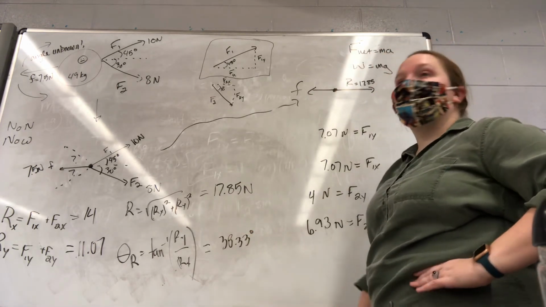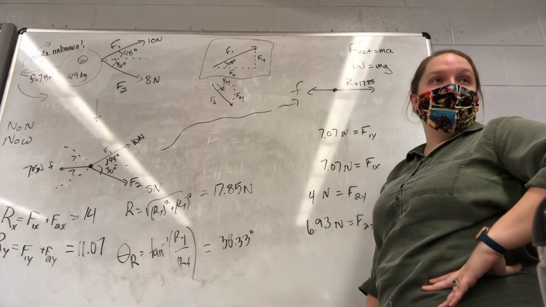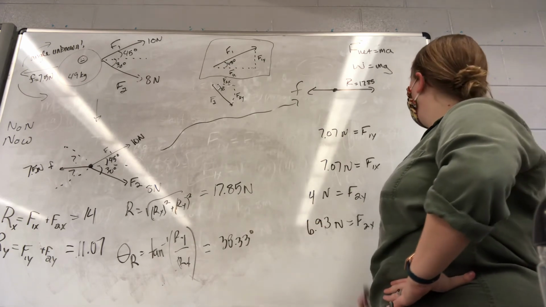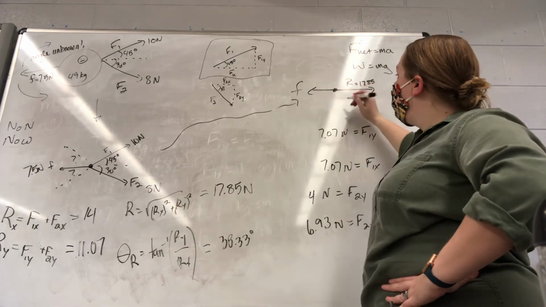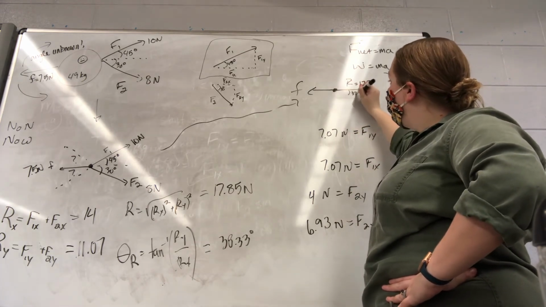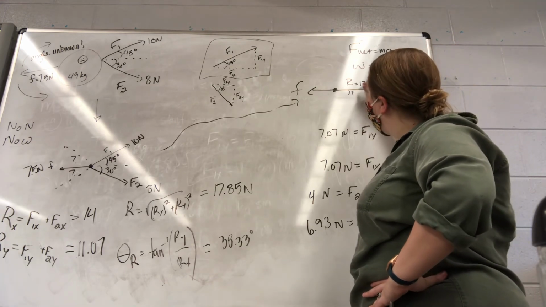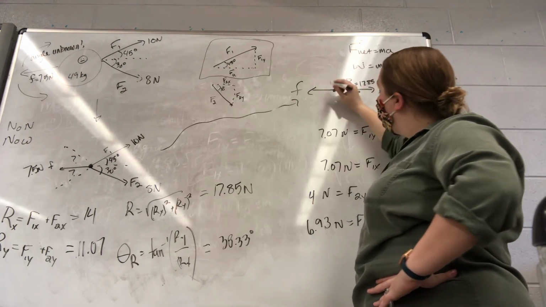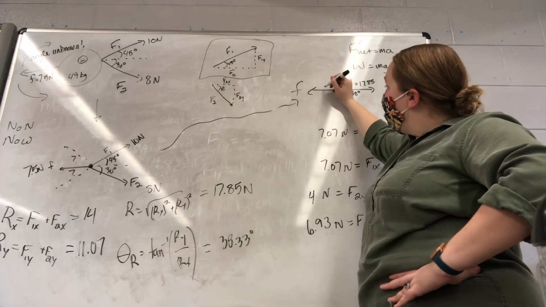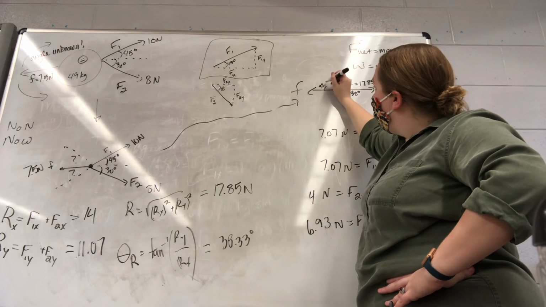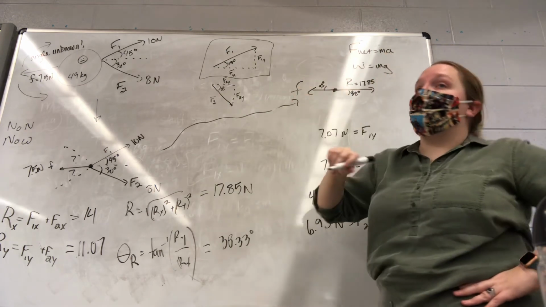It's close to 38, probably rounding. Okay. But we are in mostly agreement that it's somewhere in the 30s. So that means that R has an angle of 37, 38, whatever. And that the friction must have that same angle underneath the axes.